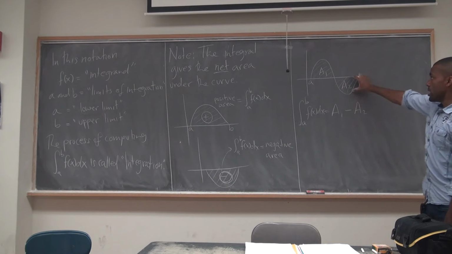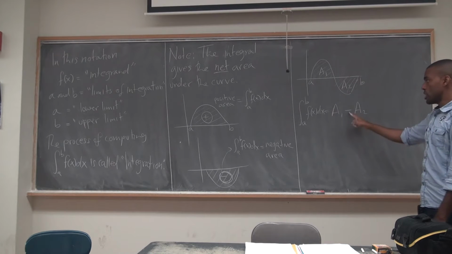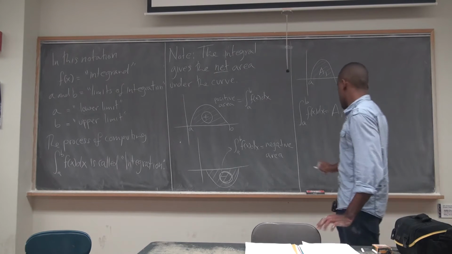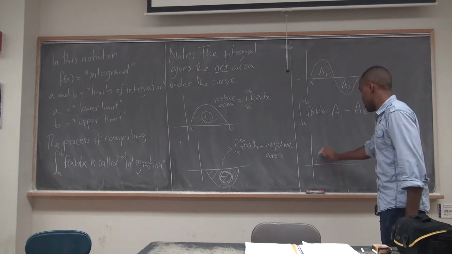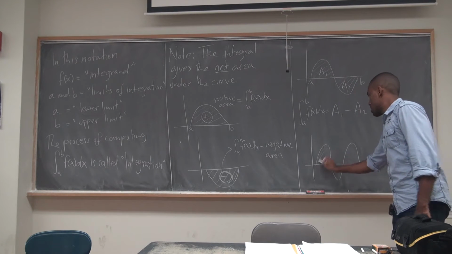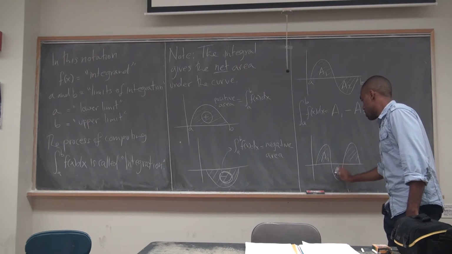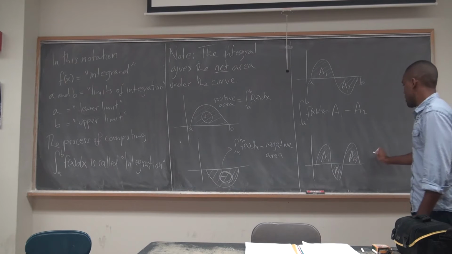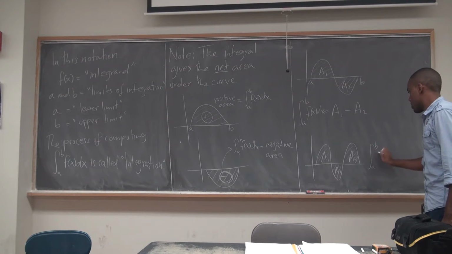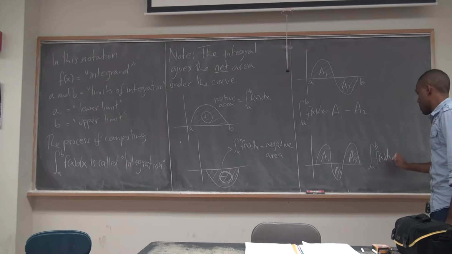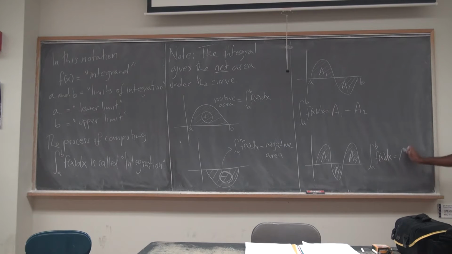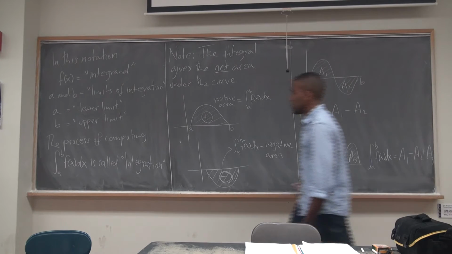Because A2 is underneath the x-axis, it gives you the negative value of the area. This can go on indefinitely. If this area is A1, that's A2, this is A3, then the integral gives you the area of this minus the area of that plus the area of that. Whenever it's above, it's a positive area. Whenever it's below, it's considered a negative area.